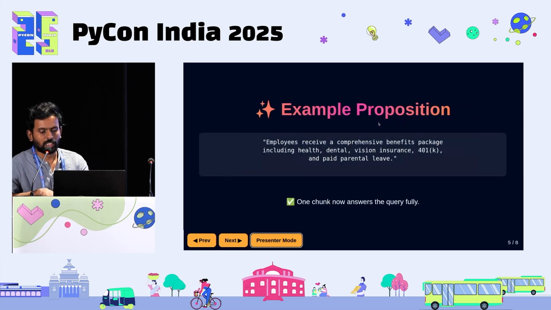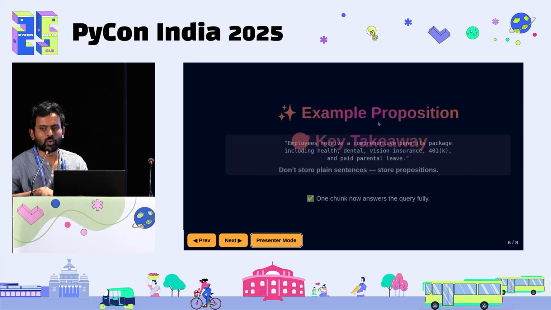In the previous chunking strategy, you saw pieces of information, but here you see a complete proposition which covers almost all the information. So when you extract like the top 5, the complete information will be there in each chunk. Each chunk will carry full information, not half-baked information.